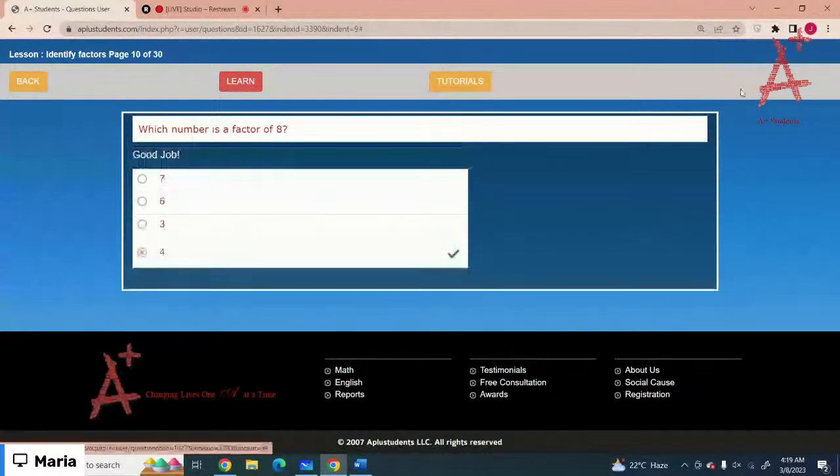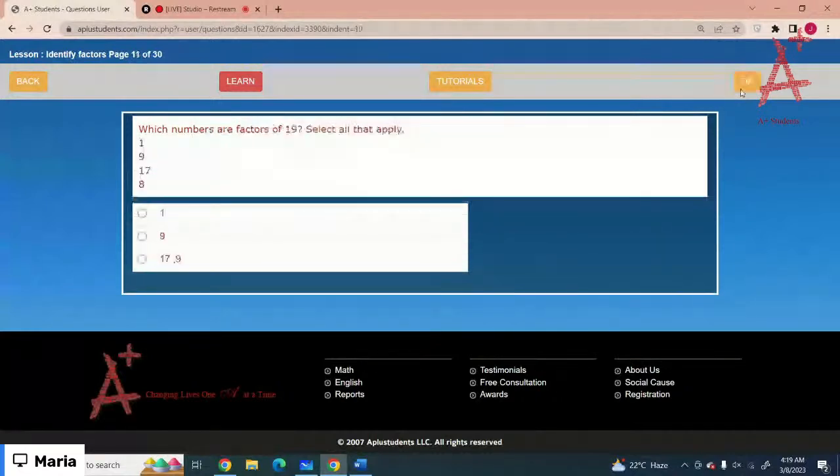Okay, the next one is: which numbers are factors of 19? 1, 9, 19, and 17. Yes, only 1 is a factor of 19.